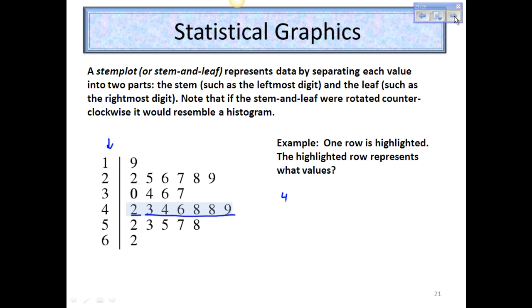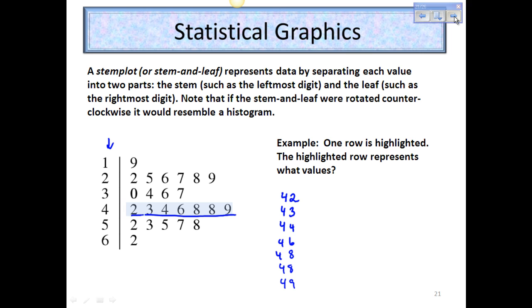So 4 and 2, 4 and 3, 4 and 4, 4 and 6, 4 and 8, 4 and 8, 4 and 9. So that row represented 7 individual values: 42, 43, 44, 46, 48, 48, and 49.